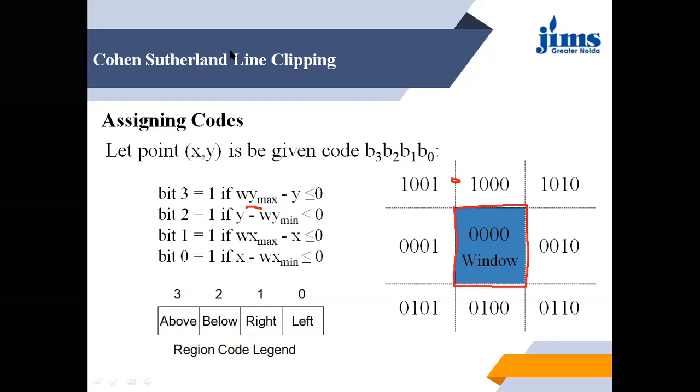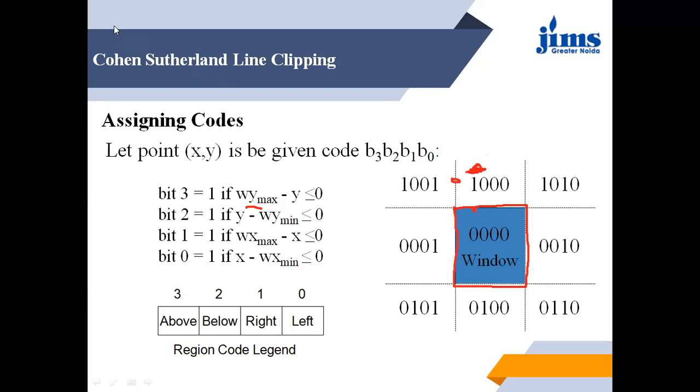Suppose I want to consider this region, then I have to subtract this value from this one, and if this is less than 0, then this is 1, means it is above. In the same way we can find out above, below, right and left.